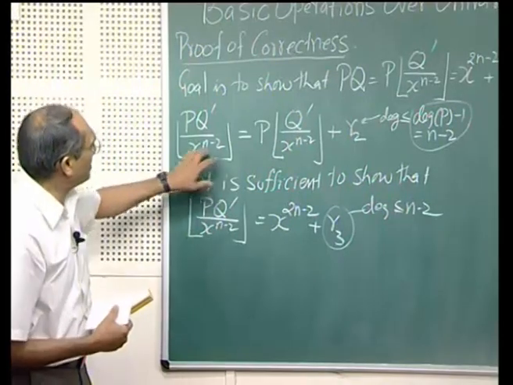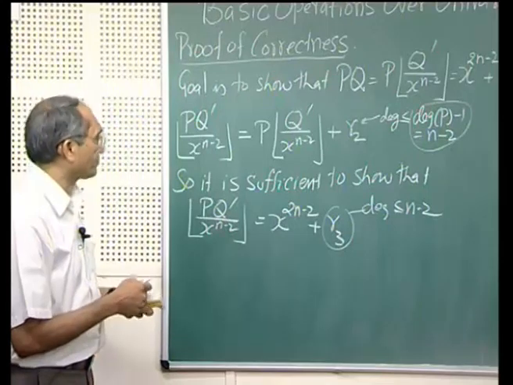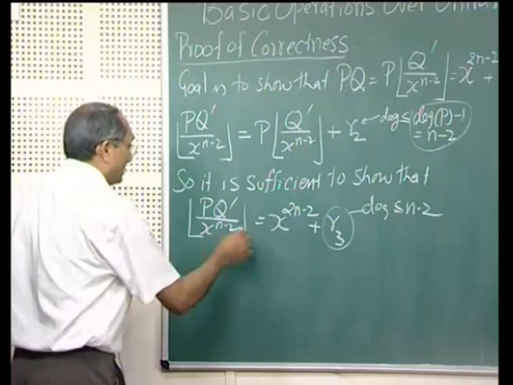Okay, because these two already differ by only a term of at most n minus 2. So, now let us take this objective.